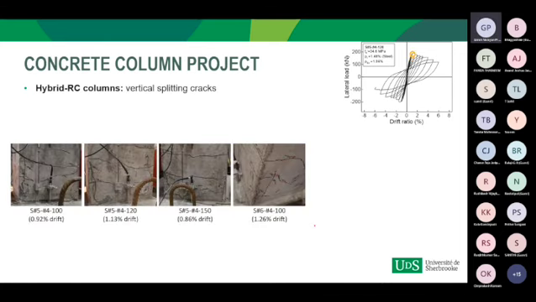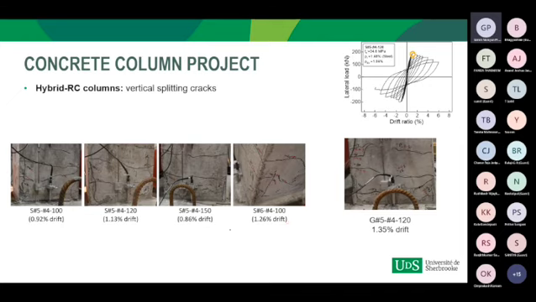The increase in the drift cycle caused splitting of the corner concrete cover, and it was also earlier in the hybrid reinforced concrete column, because in the case of the glass fiber, it was occurring at 1.4% drift, but in this case, in some columns, it was below 1% drift.